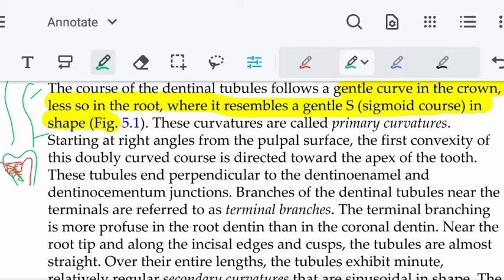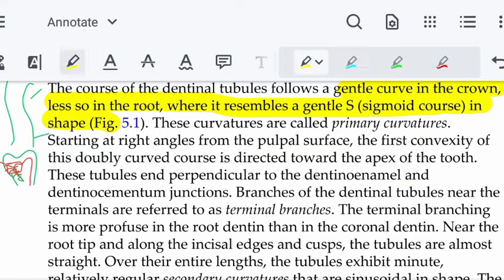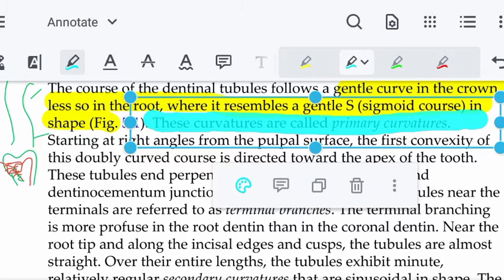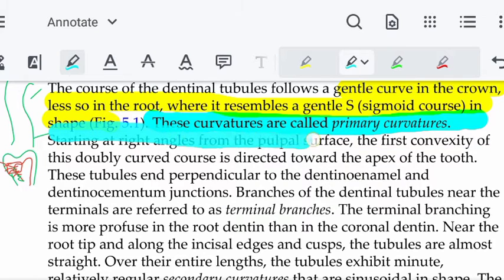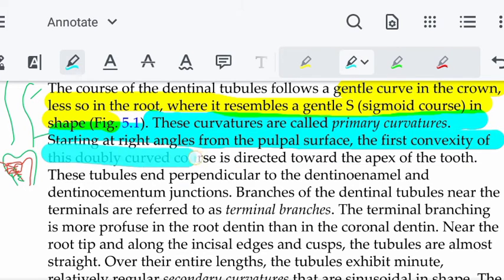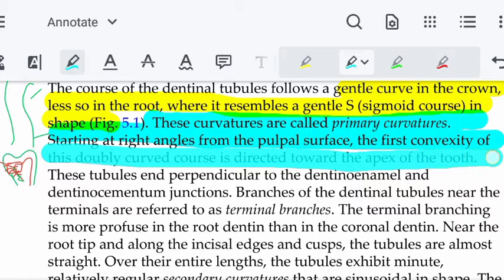These curvatures are called the primary curvatures, starting at right angles to the pulpal surface. The first convexity of this doubly curved course is directed towards the apex of the tooth. These tubules end perpendicular to the dentino-enamel and dentino-cementum junctions.